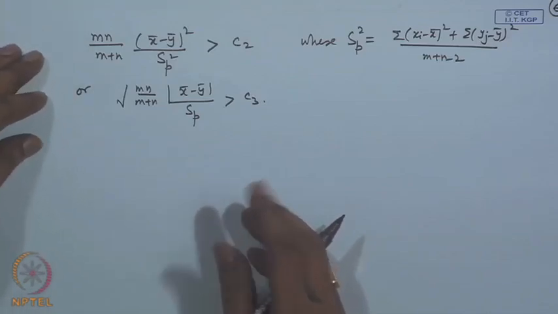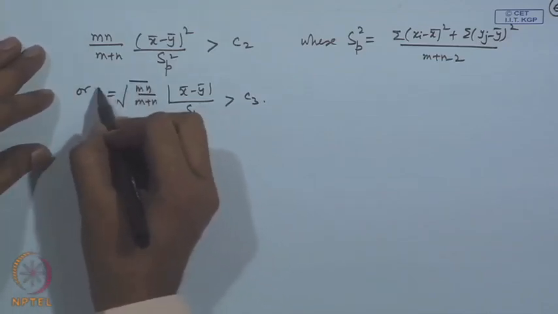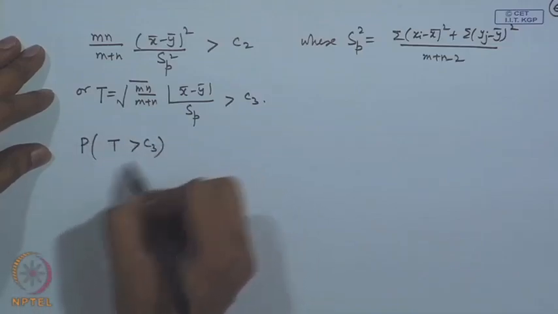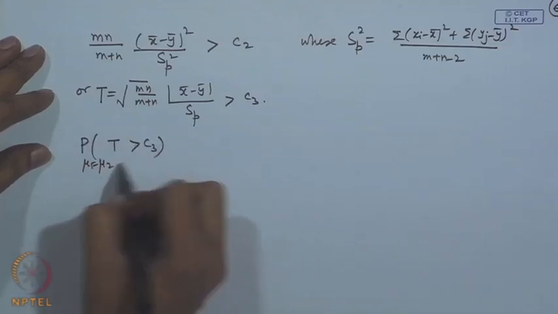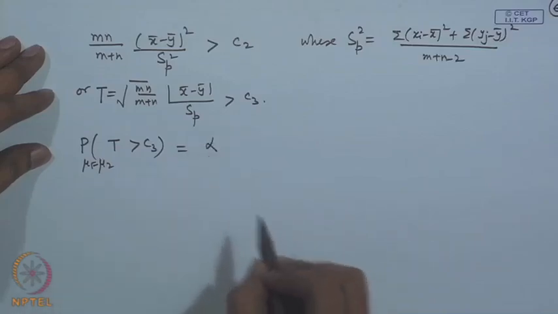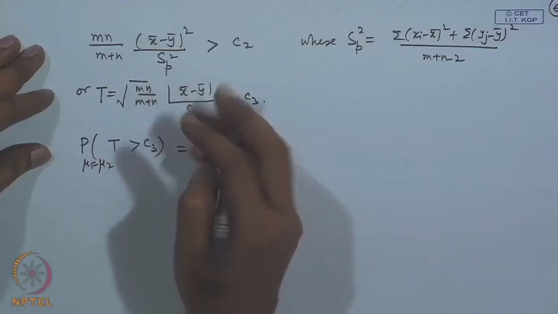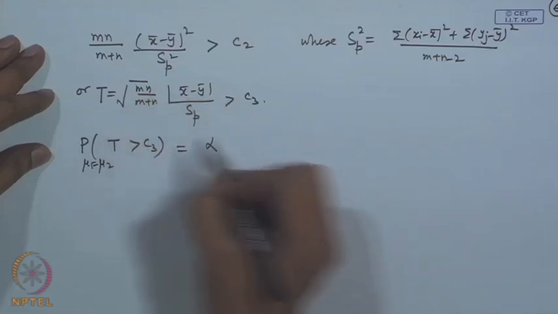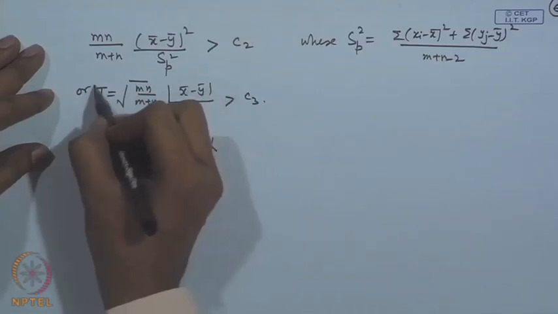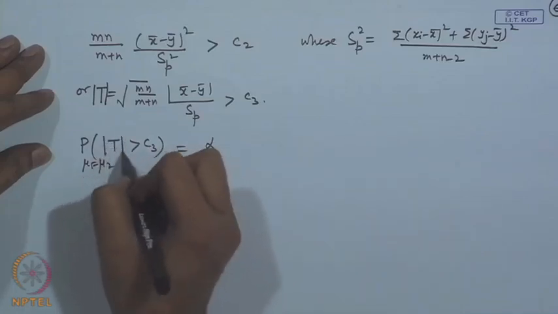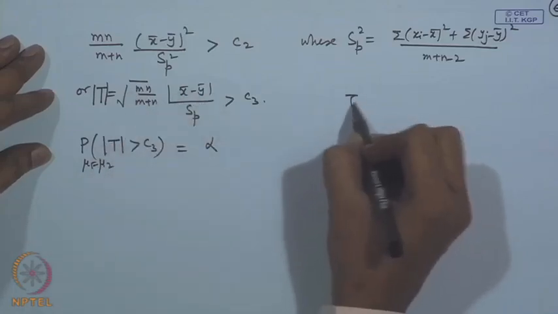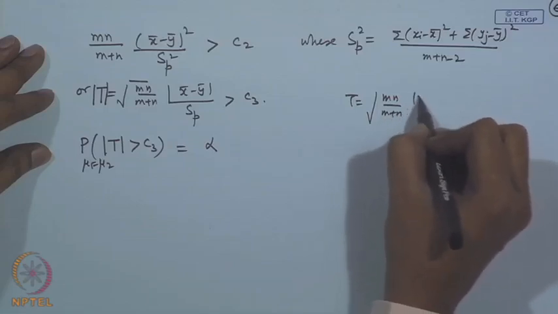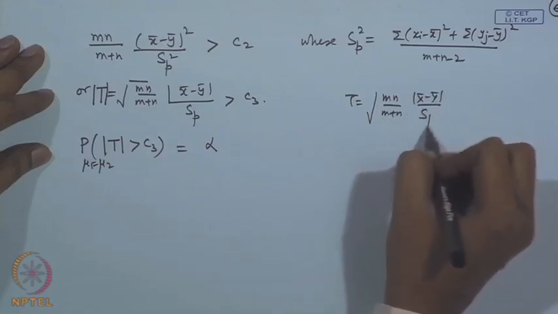Now, we would require, let me call this term t, that probability of t greater than C 3 when mu 1 is equal to mu 2 should be equal to alpha. In yesterday's lecture, I gave the distribution of this: modulus t, where t is root m n by m plus n times modulus of x bar minus y bar divided by S p.